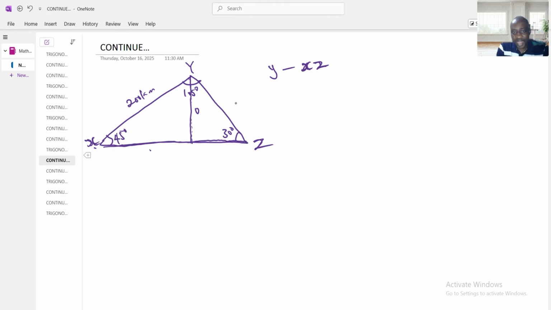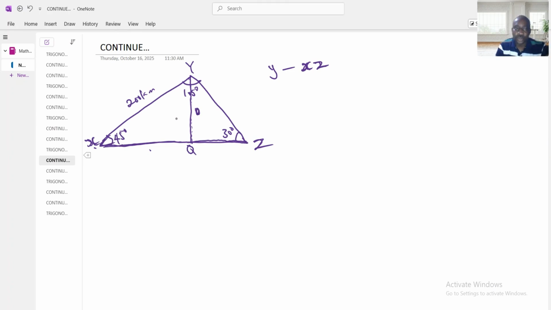This side has no hypotenuse, so it means this other side has the hypotenuse. Therefore, this side will be the perfect one, which is YX, and this joint, let me call it Q. Triangle XYQ, that's the perfect one. Therefore, we are trying to find this side.